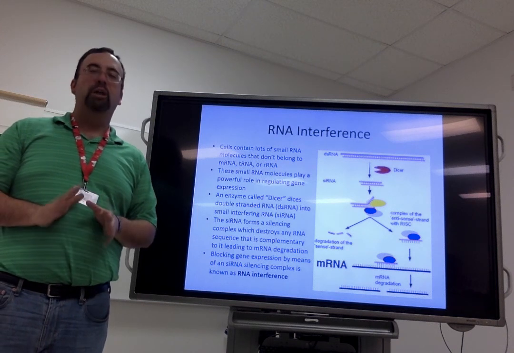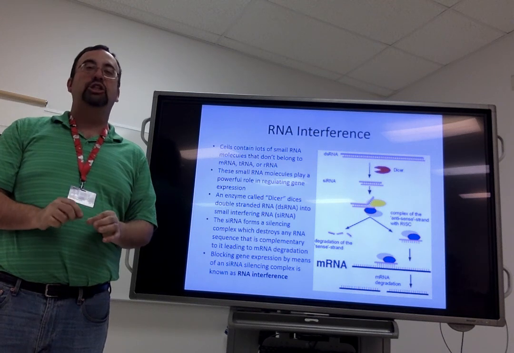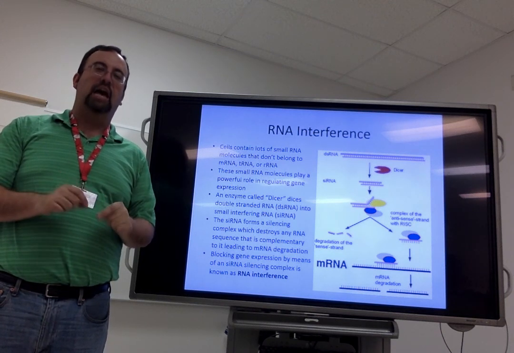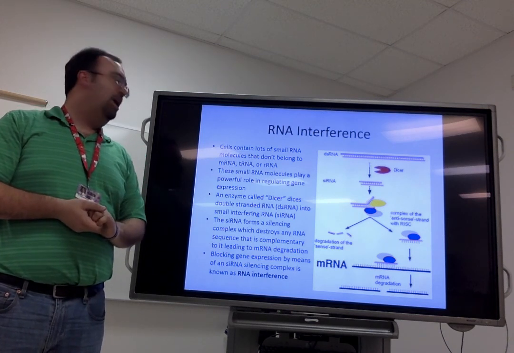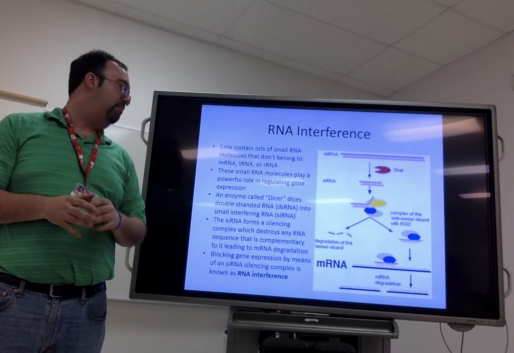And so, much like the repressor that we talked about when we were looking at gene regulation, this actually takes it one step further. If the siRNA finds a complementary sequence of RNA, it will target it for the cell to then break down that mRNA.